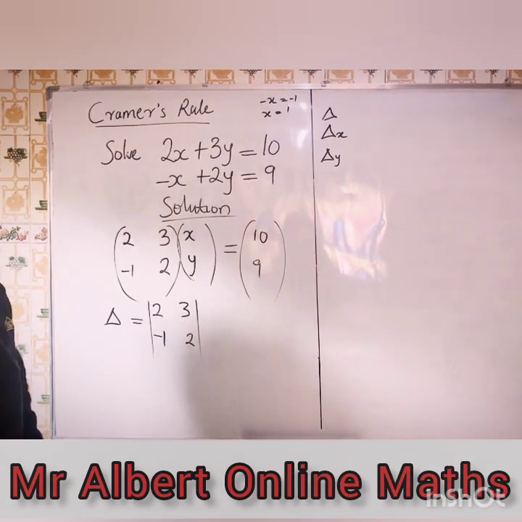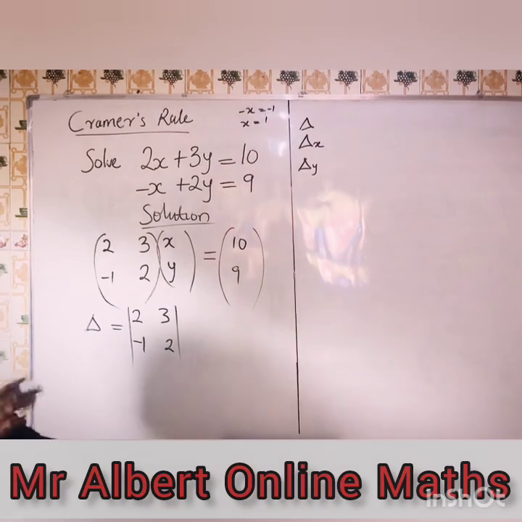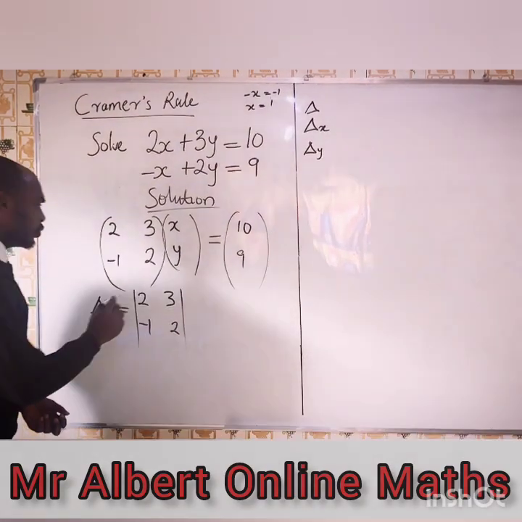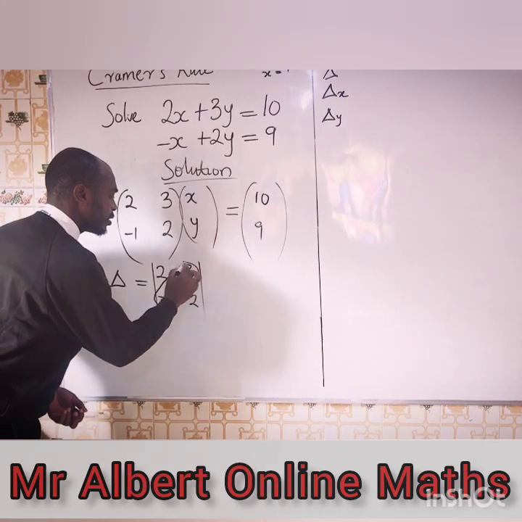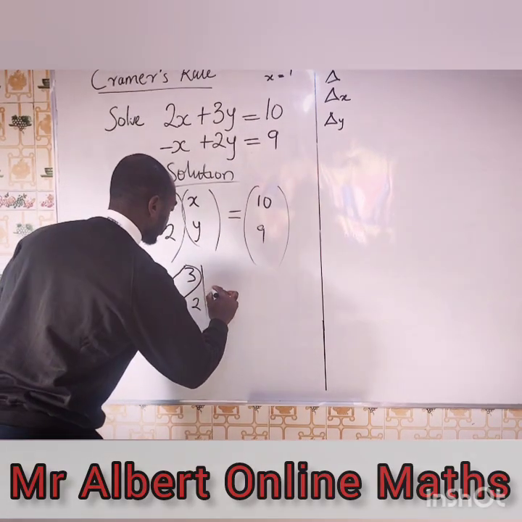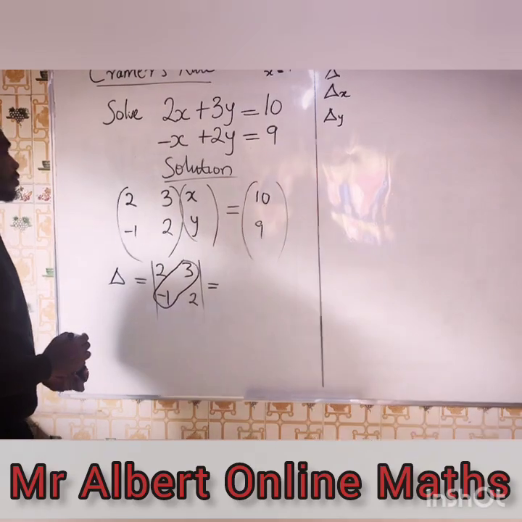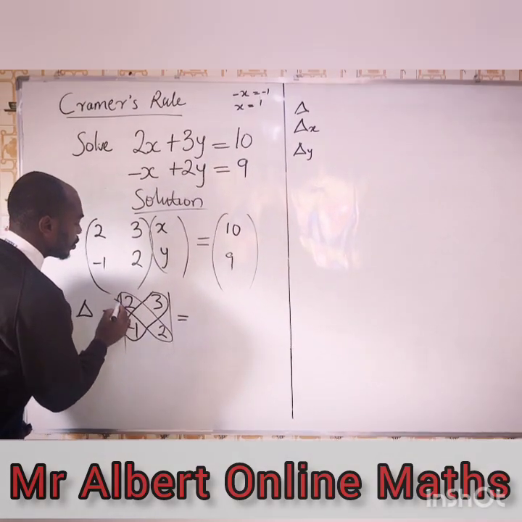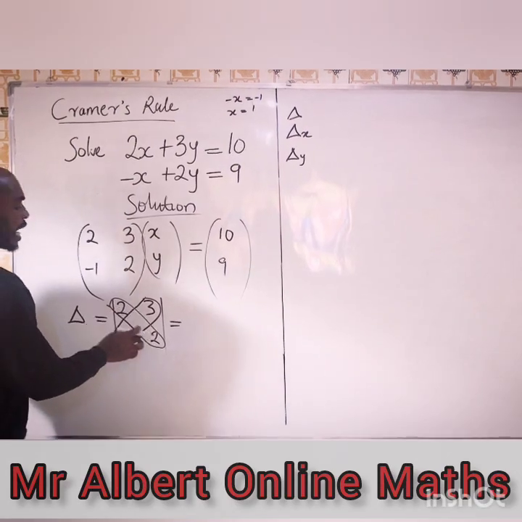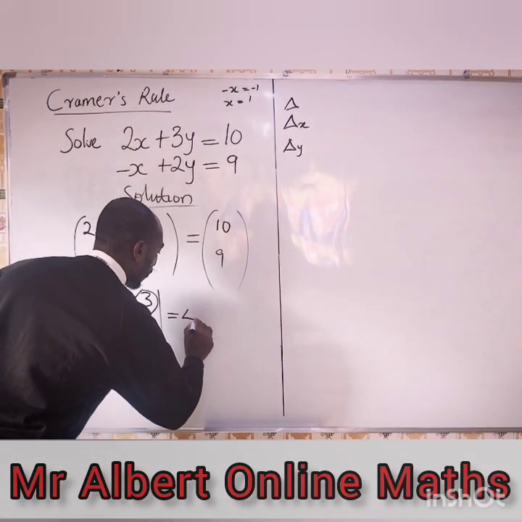To find the determinant is very easy. Now observe what I am going to do. Take the product of these numbers the way they are. First take this one: 2 times 2 is 4.